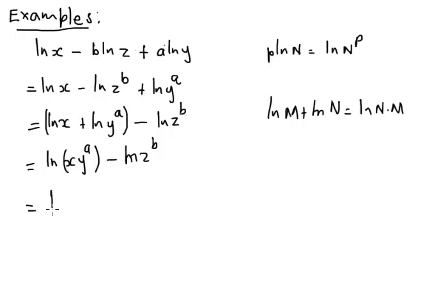So how do I write this now? ln of x y to the power a over z to the power b. Then that's that.